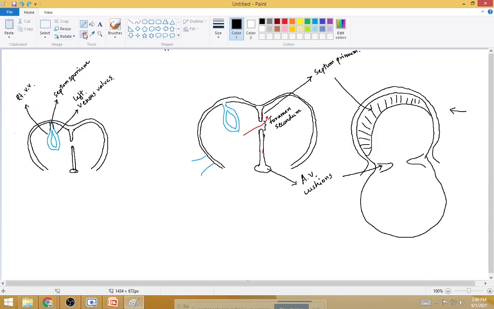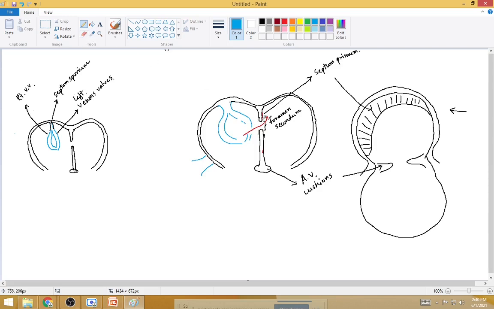Okay, so what it does, it spreads more. It keeps on moving. It spreads more and more like that.